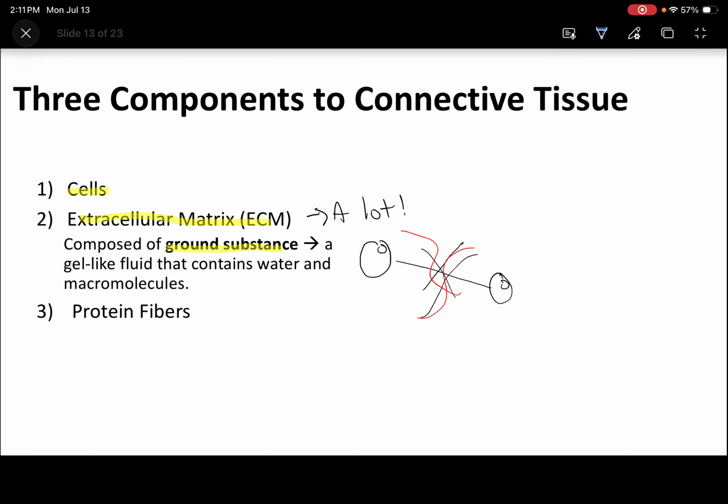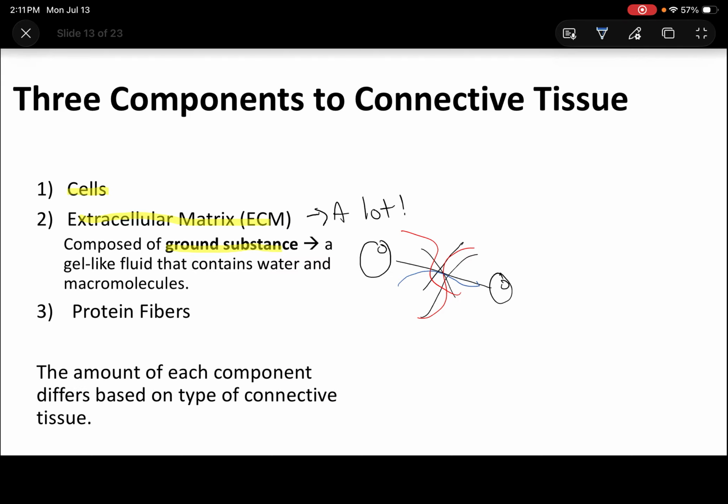These protein fibers specifically are really essential. There are different types of protein fibers that connect these different cells to each other, depending on the type of connective tissue you have. The amount of each component, the cells, ECM, or protein fibers, depends on the type of connective tissue. You might think blood as a connective tissue is kind of weird, because we think of it as a liquid.